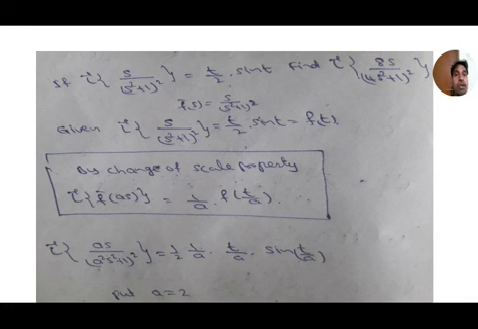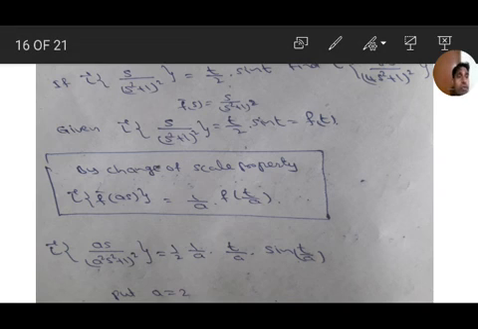If L inverse of s by s square plus 1 whole square equals t by 2 into sin t, then find L inverse of 8s by 4s square plus 1 whole square. Given here, L inverse of s by s square plus 1 whole square equals t by 2 sin t. Already it is given.